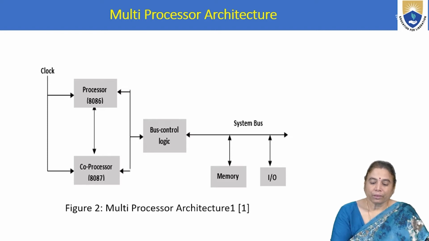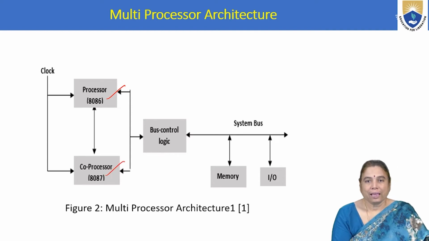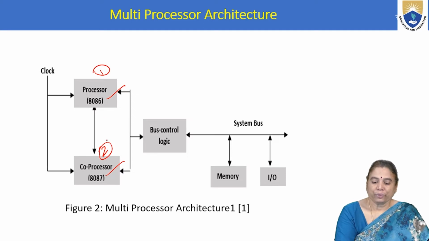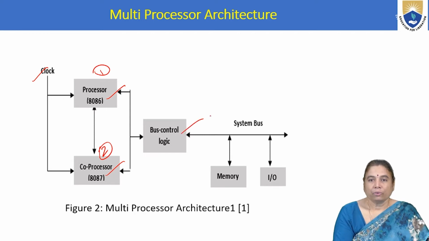Here this is one processor, the 8086 processor, and the second processor is the co-processor, the 8087 processor. So more than one processor is present in this architecture, but these processors share the common clock as well as the bus control logic, so that the bus arbitration is controlled with this logic. The memory unit and I/O unit are shared by these processors. So this is the common multiprocessor architecture.